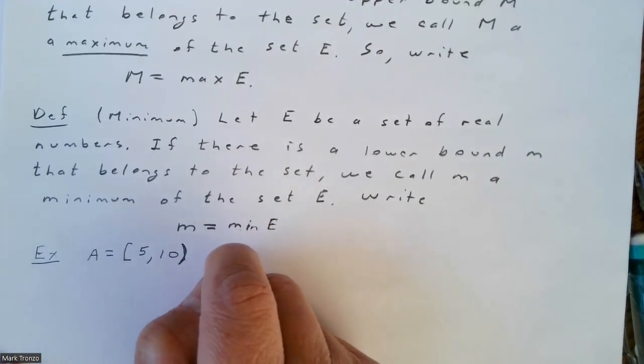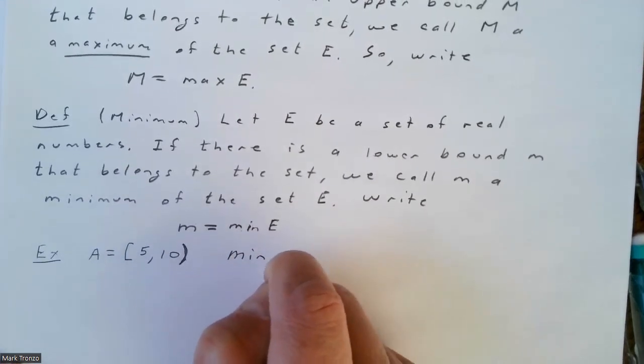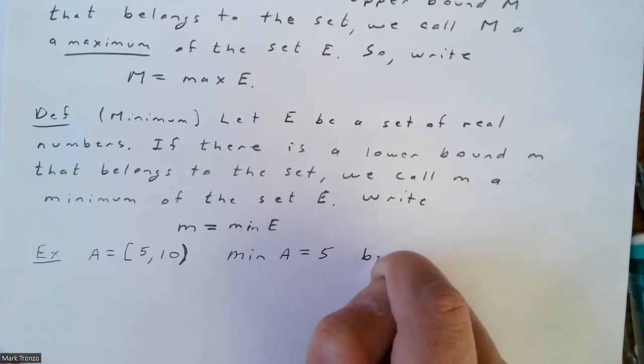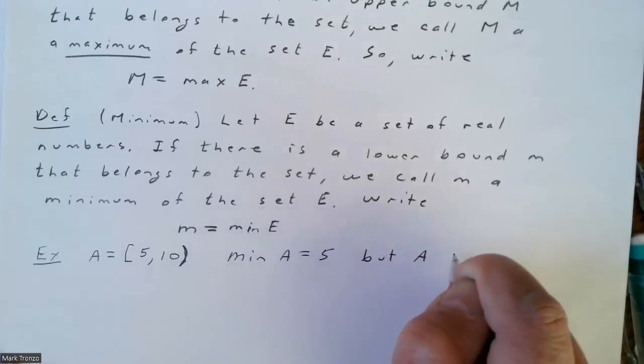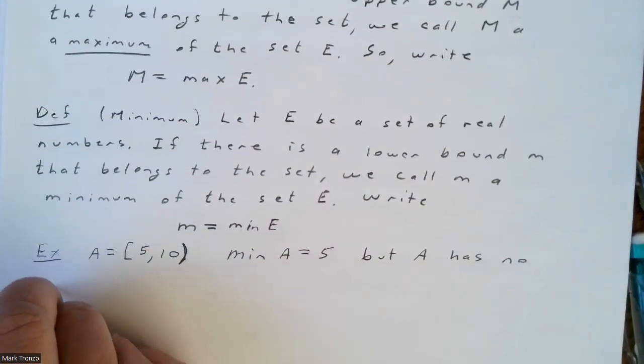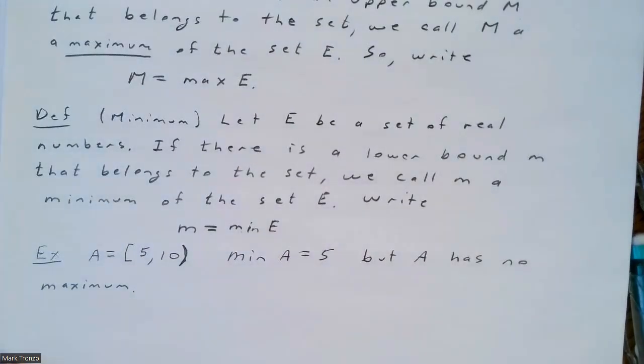So the minimum of A is equal to 5, but A has no max. Now, if you're wondering where 10 comes in, we have a name for it that we'll get to in a minute.